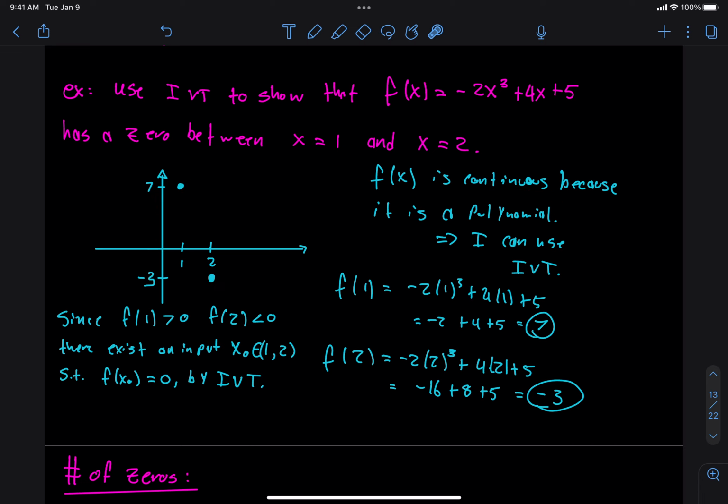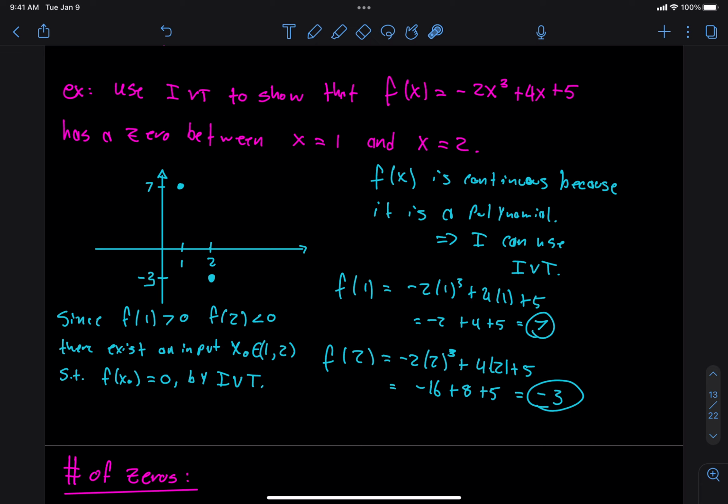And since 0 is a value which is between my starting value and my ending value, I know that there must be an x value somewhere in the middle such that the function value is equal to 0. And I say absolutely nothing about where that x value is. I just say it has to be somewhere in there.